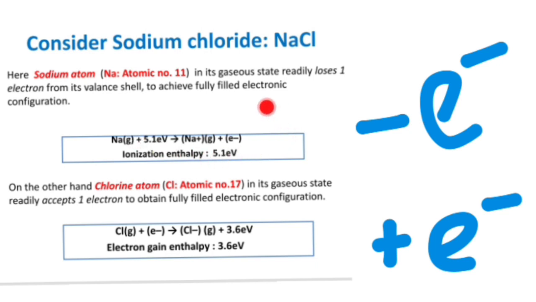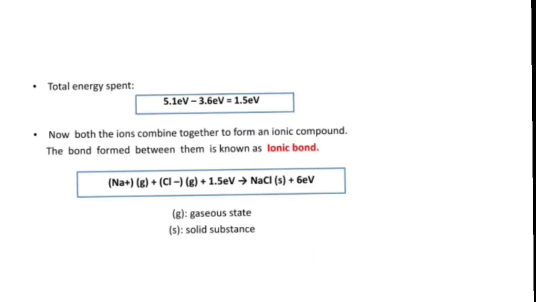Therefore, the electron is removed from sodium, forming a positively charged sodium cation, and this electron is supplied to the chlorine atom, forming a negatively charged chloride anion. These both combine together to form NaCl.